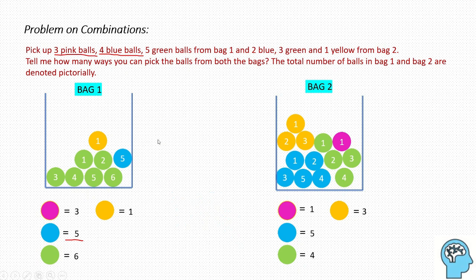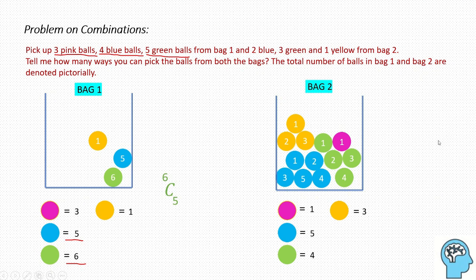Number of ways we can do it is 5C4. Then 5 green balls from the same bag from a total of 6 of them. Number of ways we can do it is 6C5.